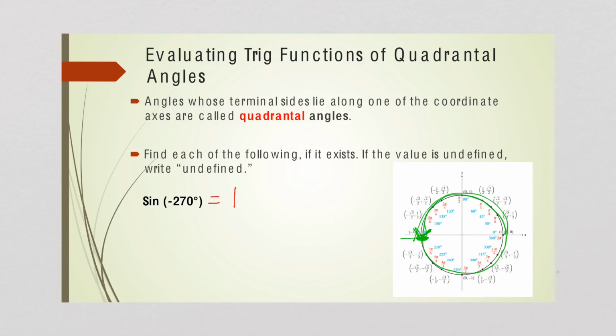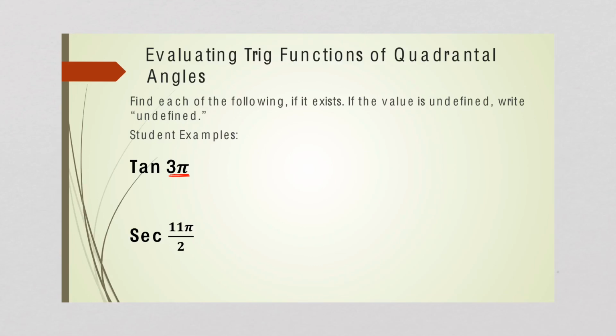So notice my point is negative 1, 0. So remember, the tangent is sine of 3 pi over cosine of 3 pi. Well, sine is 0, cosine is negative 1. 0 over negative 1 is 0. So the value of the tangent of 3 pi is 0.